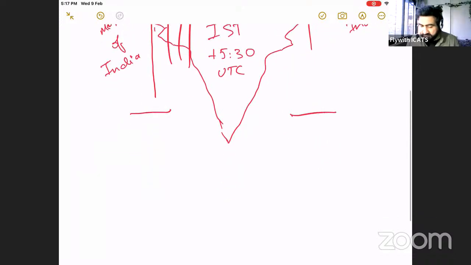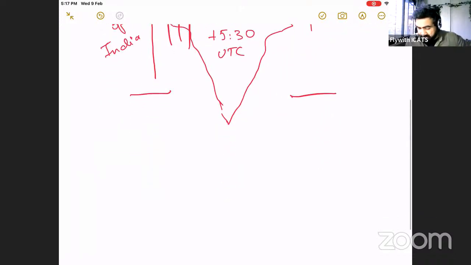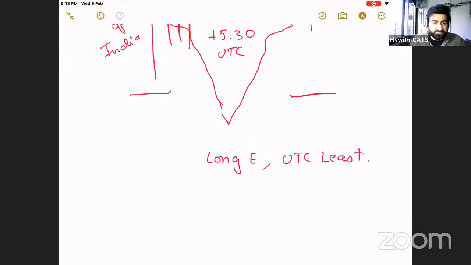Now, another interesting way to talk about time is whenever your longitude or your meridian is east, your UTC compared to your calculation will be least. These rhyming words come in navigation quite many times. We have seen that in directions also, magnetism, deviation east, compass east, variation east, compass east, something like that.